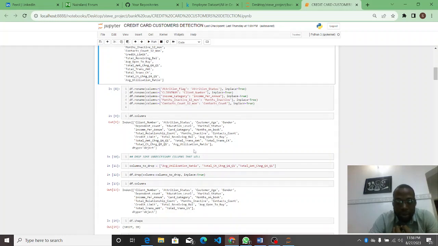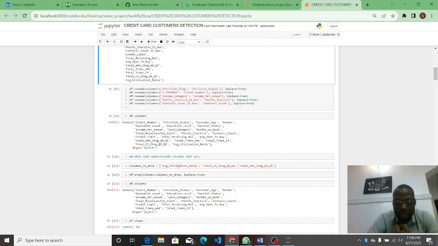Everything is appropriate. But then checking the columns, we see that there are so many columns, and that doesn't mean we'll use all the columns. So why can't we just exclude the ones we won't be using, and leave only the ones we'll be using? So that's what I did next. I had to drop the unnecessary columns, and checking this list of columns, I can see that there are just three that I don't think will be necessarily pointing in a direction.